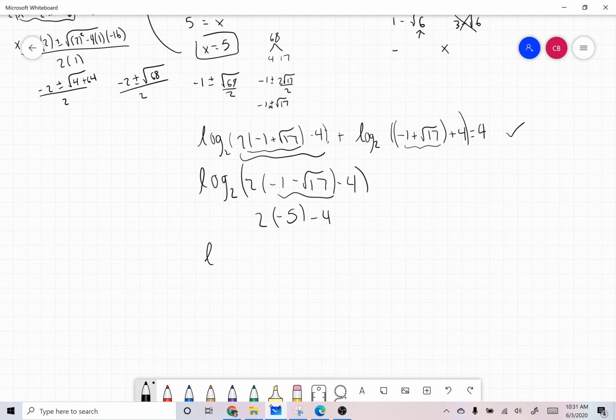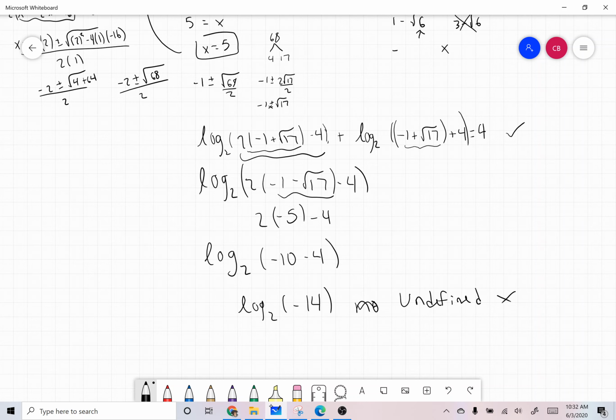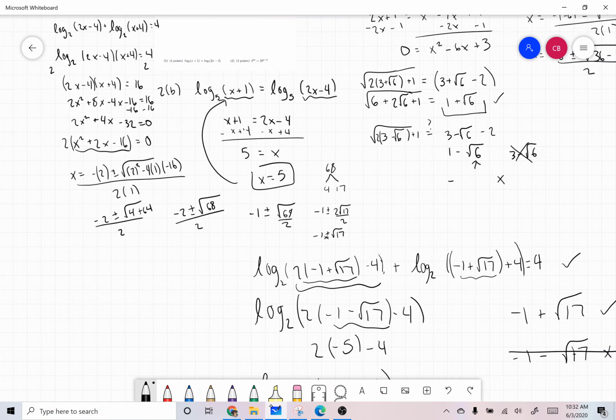This is going to be log base 2 of negative 10 minus 4, which is log base 2 of negative 14. This is undefined, not no solution. Okay, so that one doesn't work. So we can say negative 1 plus square root 17 works. Negative 1 minus square root 17, sorry, does not work. Okay, so you'd have one solution there. Make sure you check them.